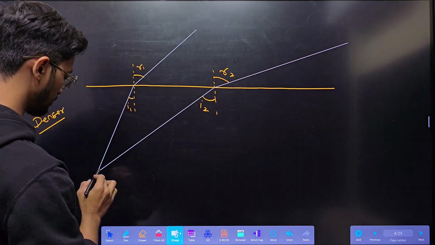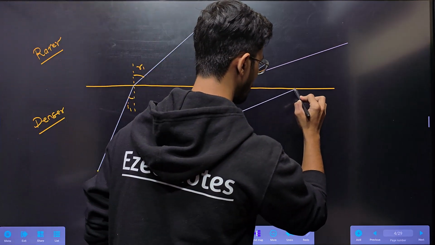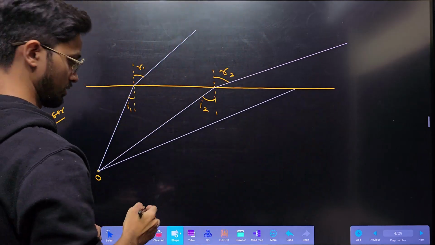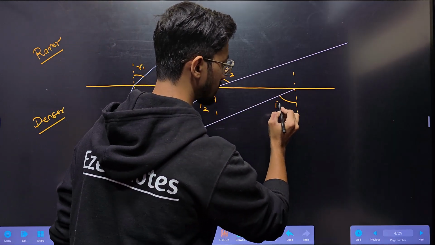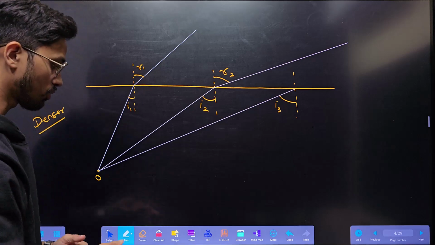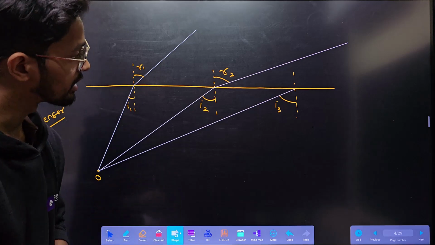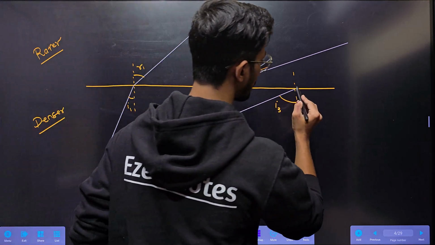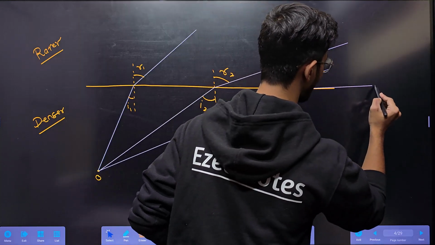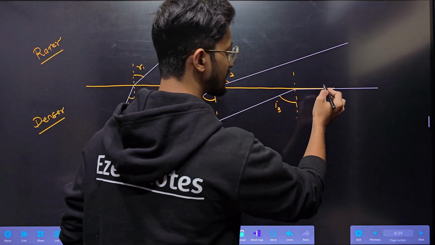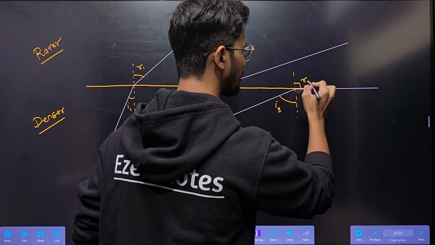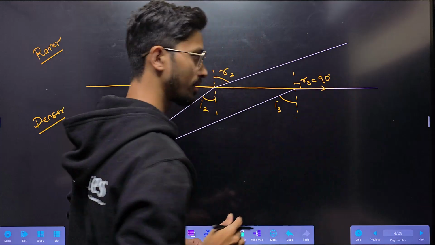I'm increasing the angle more, till here. Now this is our normal and this is our angle of incidence I3. What happens is the refracted ray grazes this boundary, and the refracted angle becomes 90 degrees.